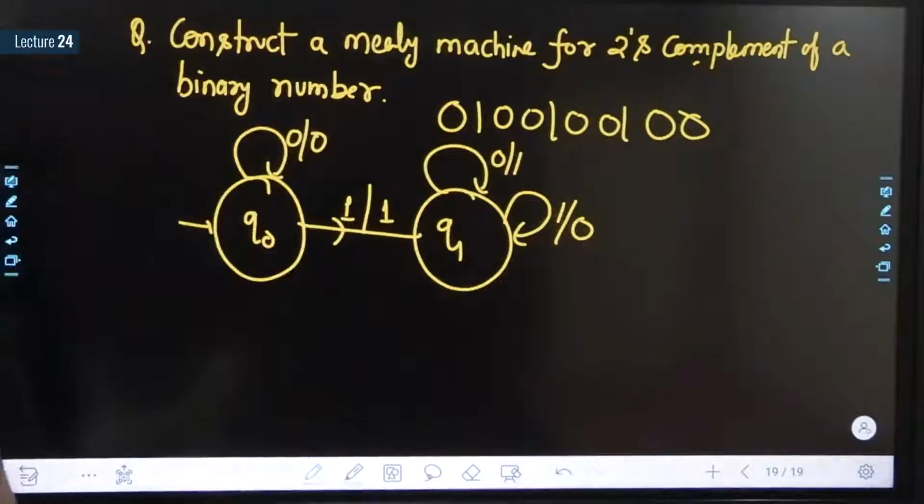This is the Mealy machine for 2's complement. Clear?